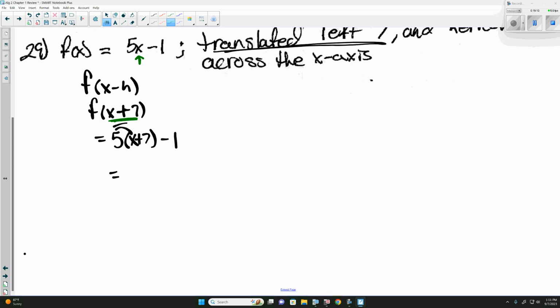Now at this point here, we can distribute the 5. 5 times x is 5x, 5 times 7 is plus 35, minus 1. 35 minus 1 is plus 34. So this would be our g of x.